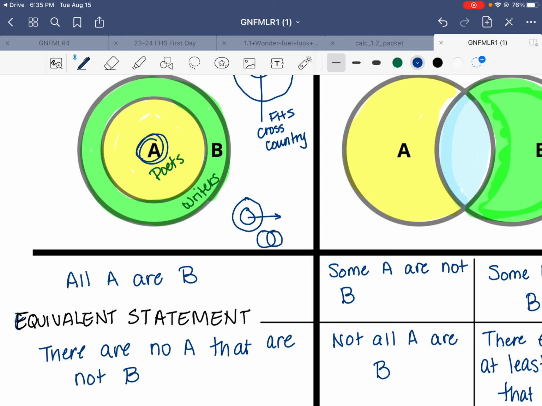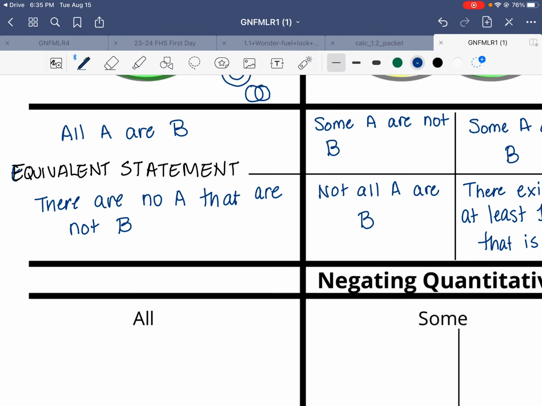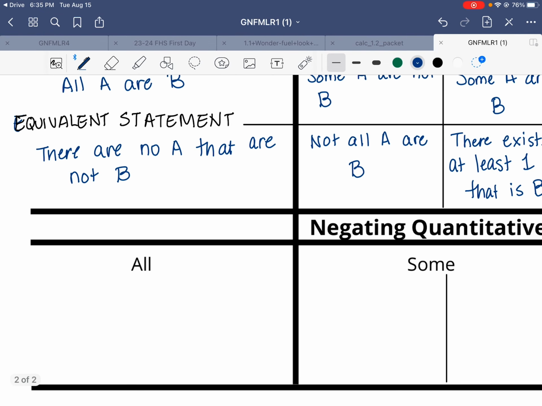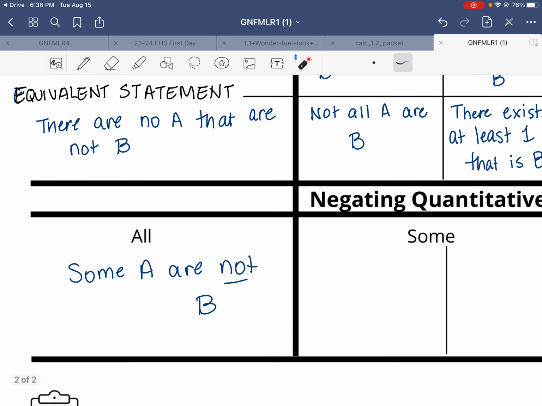So before you get to none, you get to this portion where they're overlapping, and that would be some. So my negation for all would be some A are not B. Some A are not B, because I'm starting to pull them apart. And when I start pulling them apart and I get that overlap, some of those A are not contained in the B.